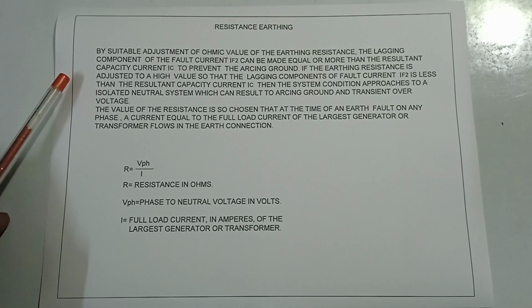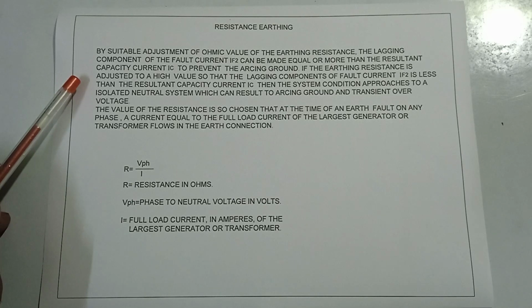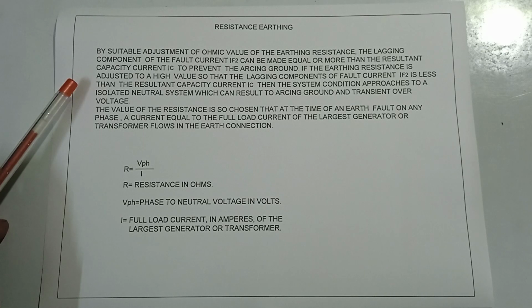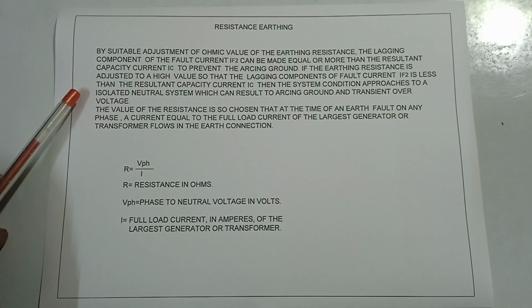If the earthing resistance is adjusted to a high value so that the lagging component of fault current IF2 is less than the resultant capacitive current IC, then the system condition approaches an isolated neutral system, which can result in arcing ground and transient overvoltage.